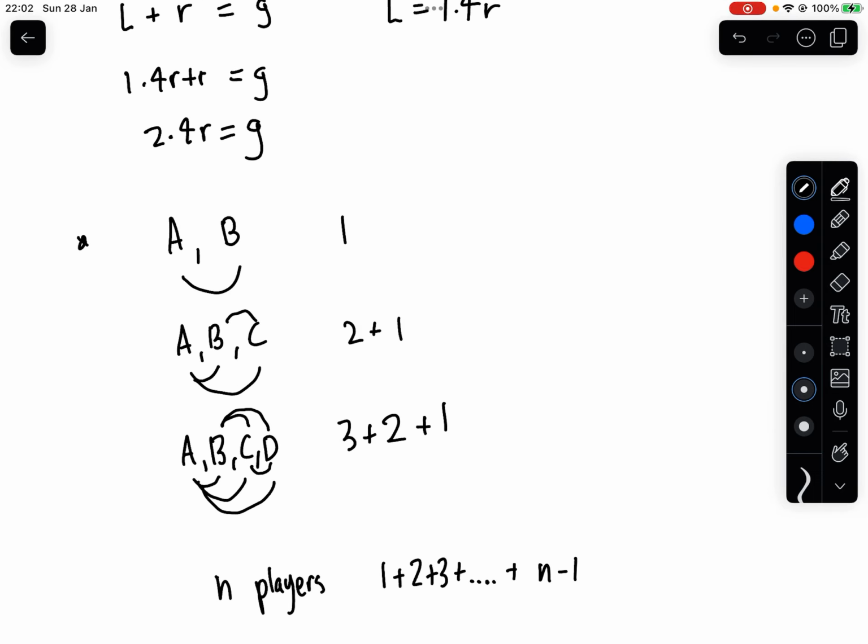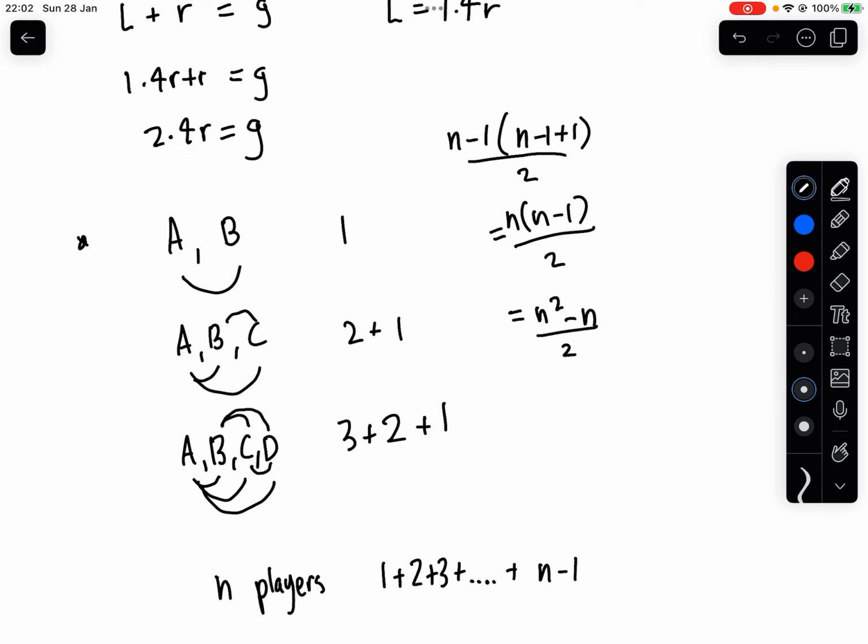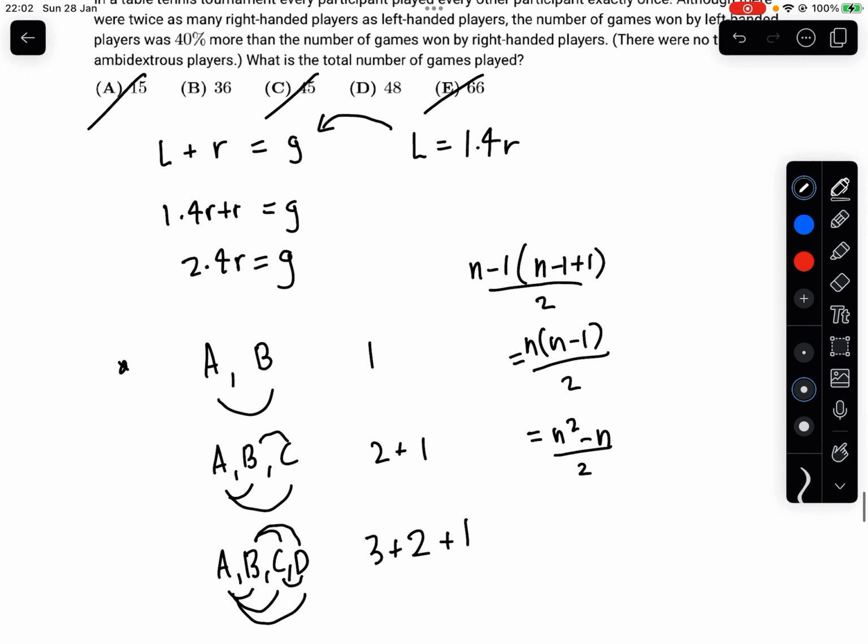So the formula for n players is going to be (n minus 1) times (n minus 1 plus 1) over 2, which equals (n minus 1) times n over 2, which equals (n squared minus n) over 2, okay?